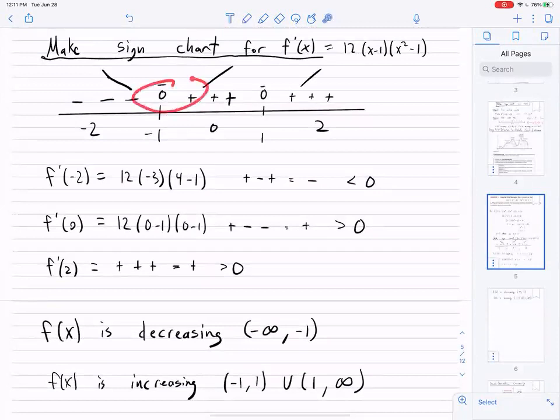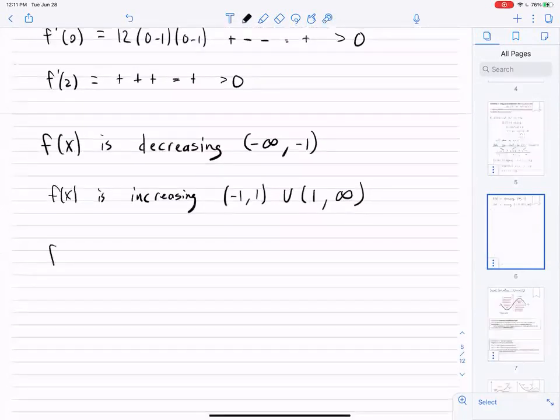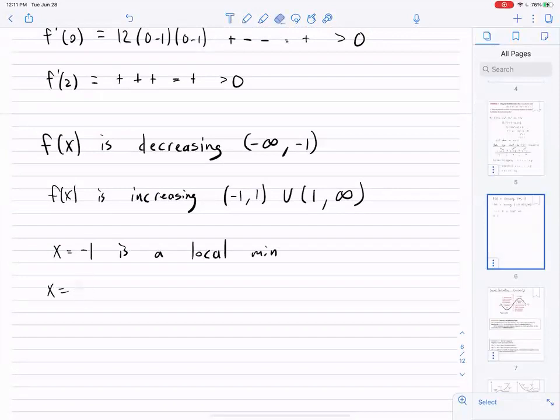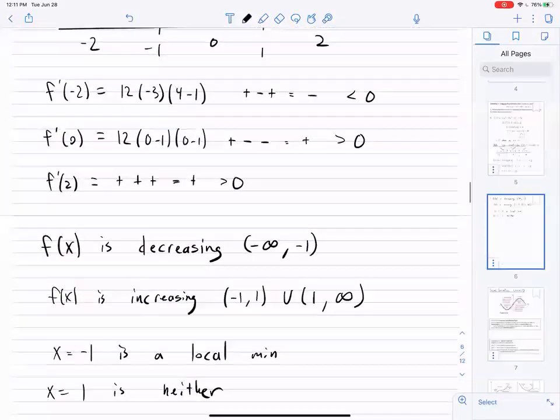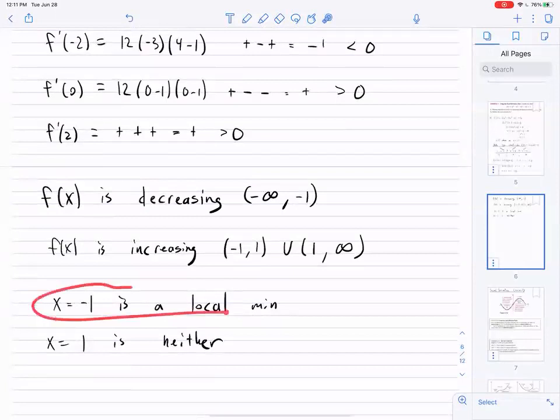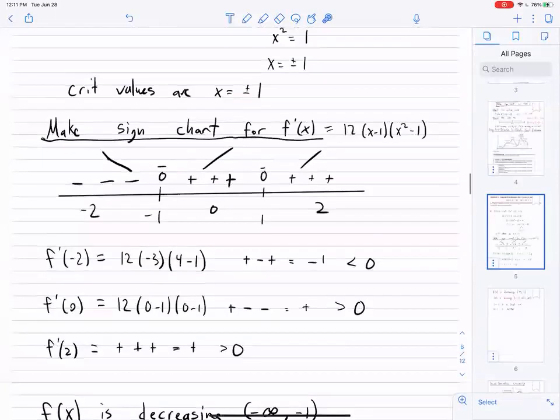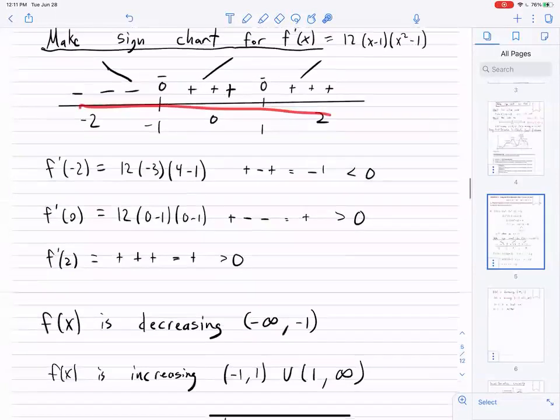So this is a relative min, but this is neither. So x equals -1 is a local min, and x equals 1 is neither.